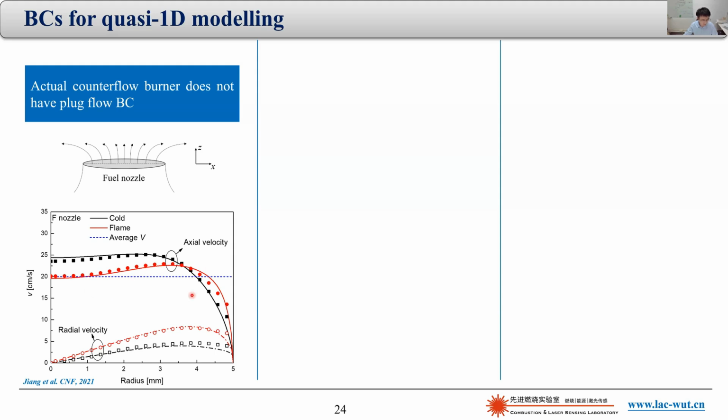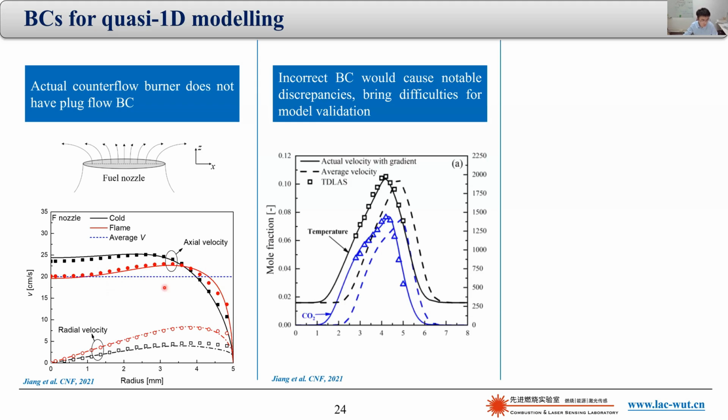Here is the actual measured velocity profile at the nozzle exit across the nozzle radius. You can see the actual velocity differs notably from the average value. So if we provide this average value in the model, you end up with a significantly different predicted profile.